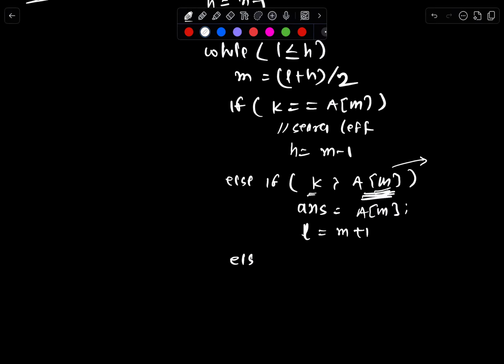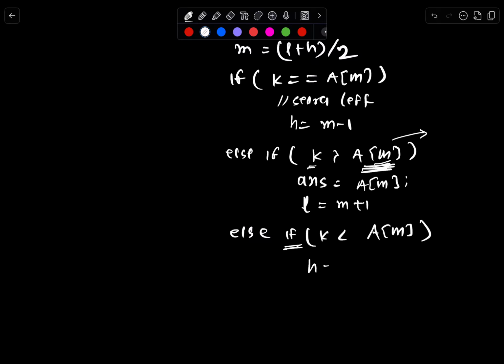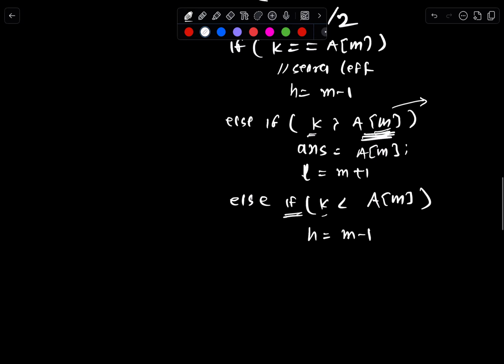And the last condition, which is less than K. So if K, let me write it for you, but you can ignore this part, K is smaller than A of M. So if K is smaller, then we have to search on the left side. If K is smaller, think about it. 1, 2, 3, 4, 5.